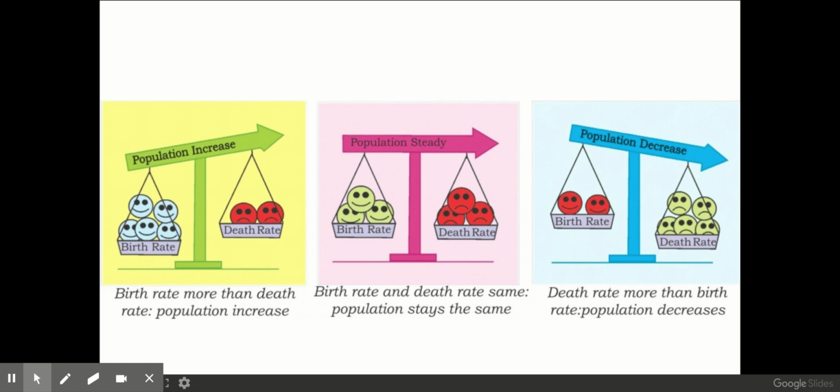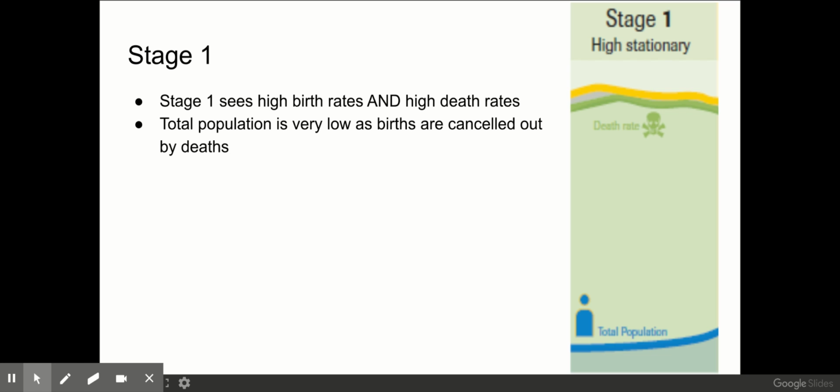Now we're going to look at each part of the demographic transition model in detail. You will have to take notes on this stuff. So stage one. For these next 5 slides, folks, I do want you to write down the words that you see here, the information, and then also draw a sketch of the demographic transition model that you see right here.